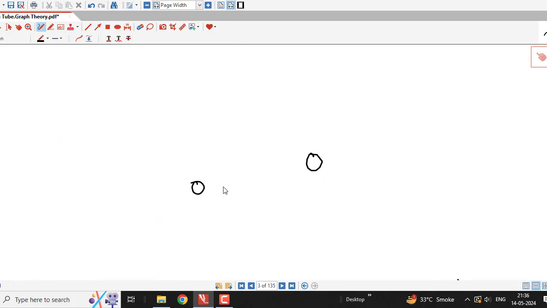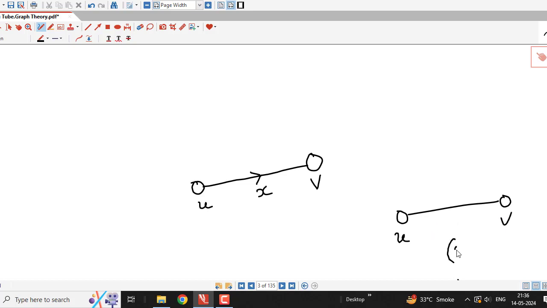That is, if we consider the direction in the edge, then this edge X is called a directed edge, and if there is no direction specified, then we say that the edge is undirected. So here order is not important. We can say that X is an edge from U to V, or X is an edge from V to U. So in this case, this edge X is undirected, and we denote it by this type of unordered pair.